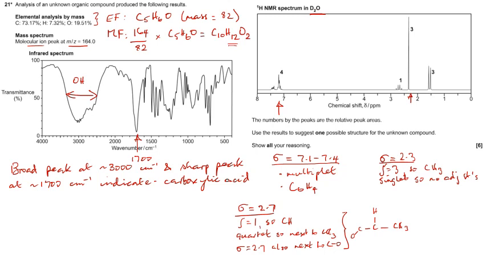And its shift is 2.3 or 4. Shift equals 2.3 or 4, right? So that also tells you that it's next to a benzene ring, rather. It's the CH3 that's on a benzene ring.